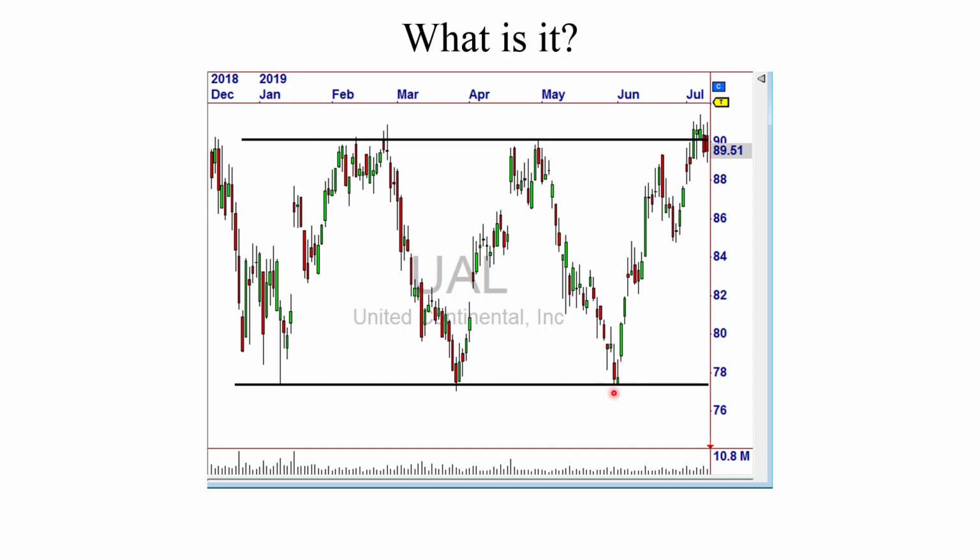Again, pushing downward here. Here's another test of that level just below 78 for United. The support holds. That means buyers have come into the market, pushing the price upward very rapidly, actually, here in June. And then we are once again testing our resistance level.